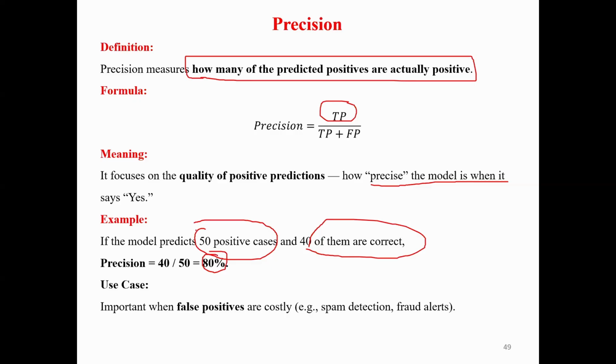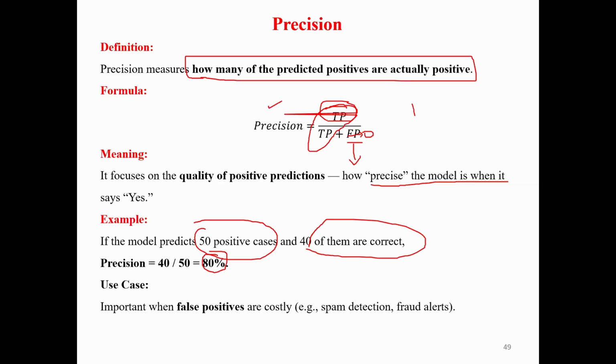What is important here? You see, TP by TP is always 1 if false positive is equal to 0. Then precision is equal to 1. That's why false positive is very important. What should the rate of false positive be so that precision will be reduced?